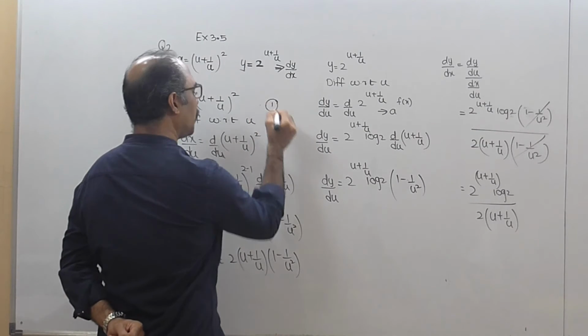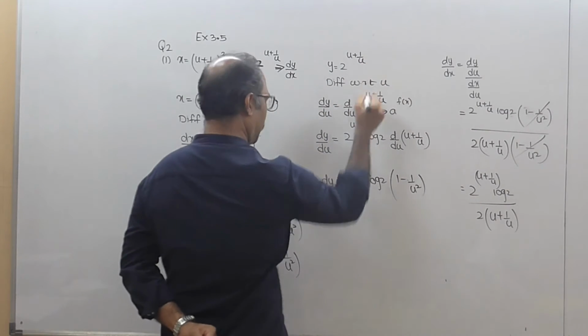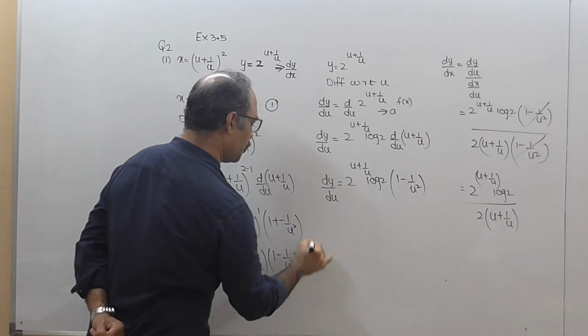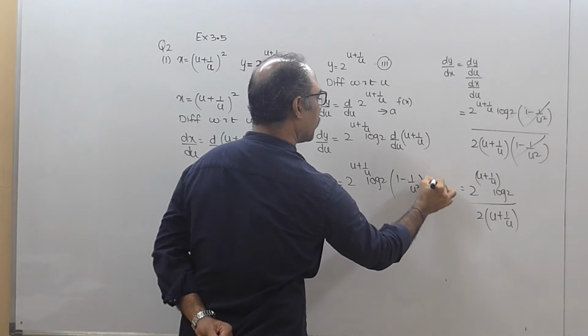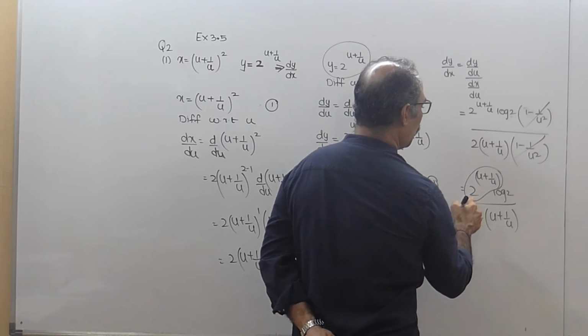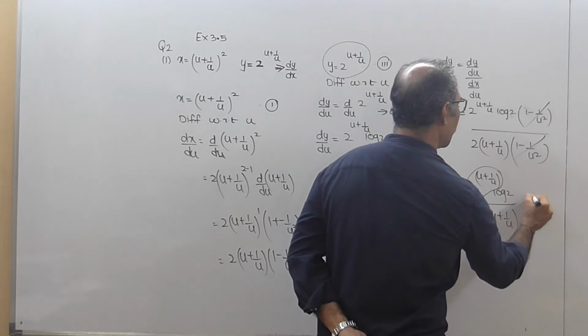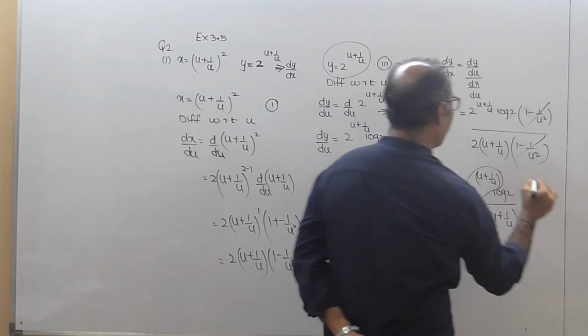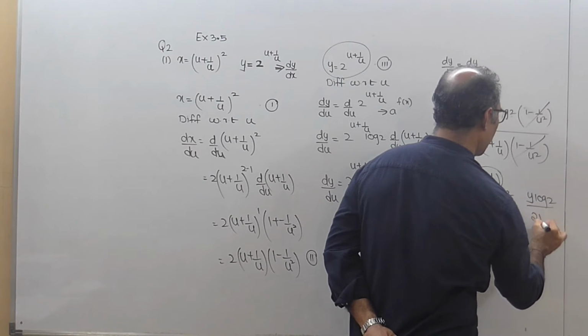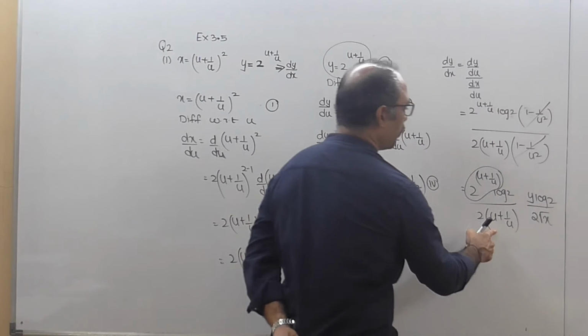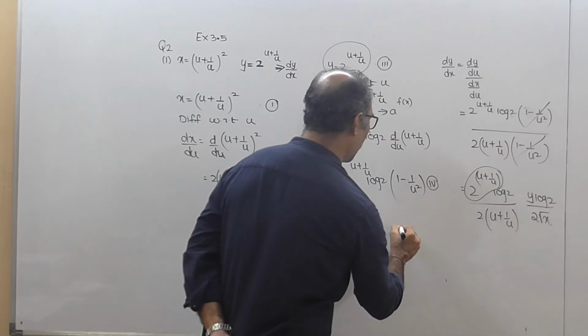Now this you give it as 1, 2, 3, 4. See, 2 raised to u plus 1 upon u is nothing but y. Okay, y log 2 upon 2, and u plus 1 upon u you can write it as root of x. I'll tell you how.